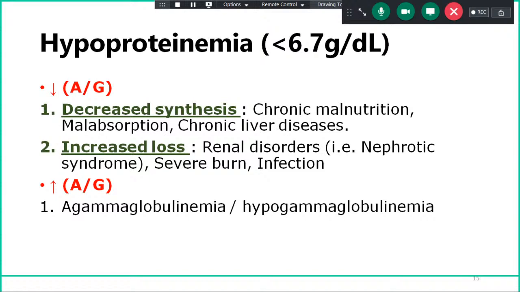And the other case, where the A/G ratio is increased, is because the globulin fraction is decreased. So in the case of agammaglobulinemia and hypogammaglobulinemia, where the gamma globulin levels are decreased, we see hypoproteinemia with an increased A/G ratio.